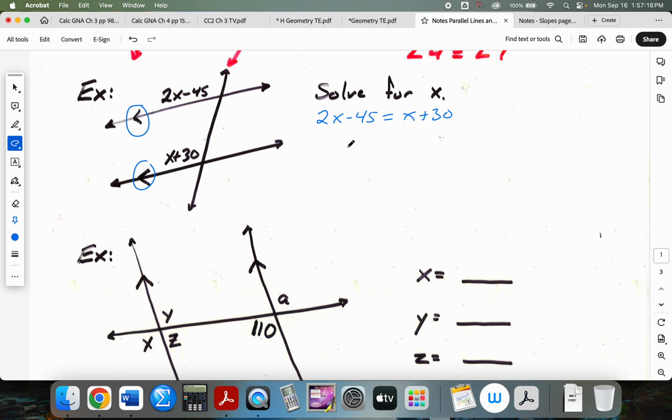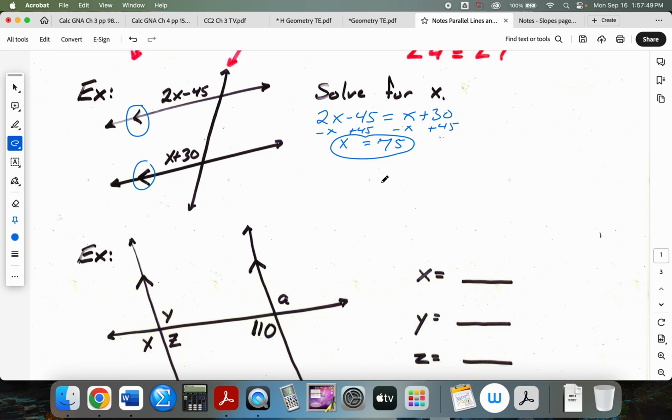If I subtract x from both sides, and let's go ahead and add 45 to both sides at the same time, you get that x is 75. Any questions about that?